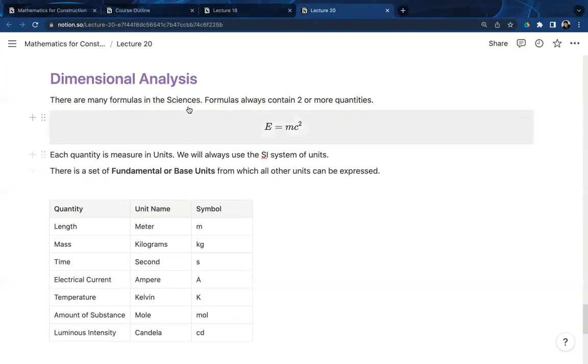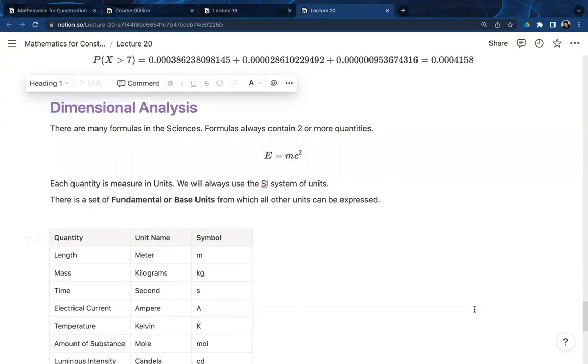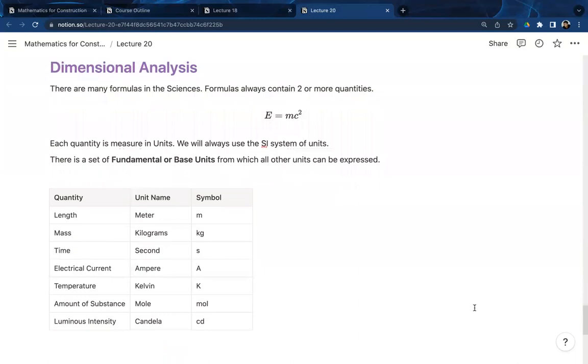So the topic of our dimensional analysis, what we're going to use it for, is to guess what the formula of an equation is. Guess how quantities are related together in a formula, if such a formula were to exist, right? So let's look at first proving that our equation is dimensionally consistent.